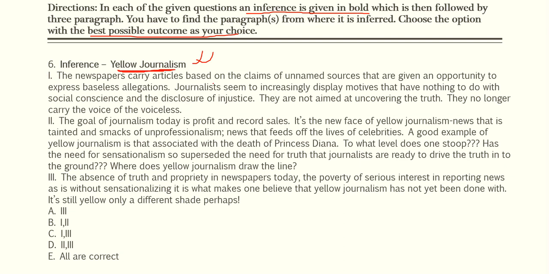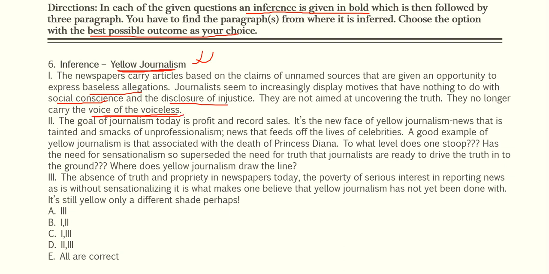The newspapers carry articles based on the claims of unnamed sources that are given an opportunity to express baseless allegations. Journalists seem to increasingly display motives that have nothing to do with social conscience and disclosure of injustice. They are not aimed at uncovering the truth. They no longer carry the voice of the voiceless. Yeah, just what I said.